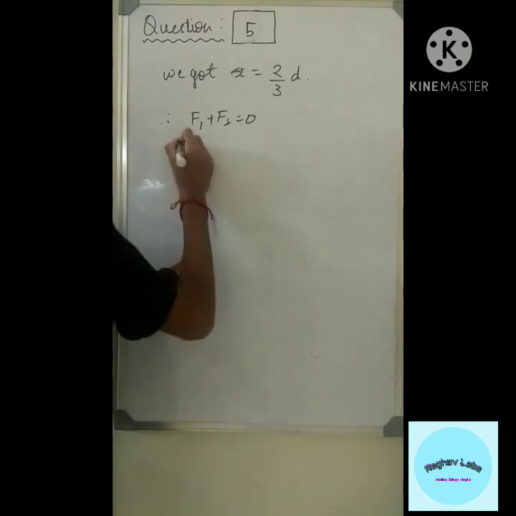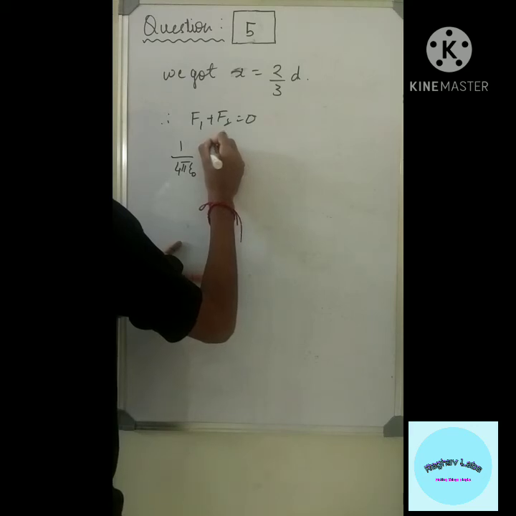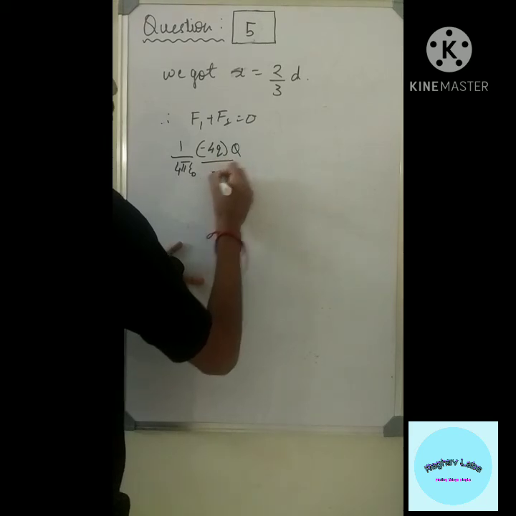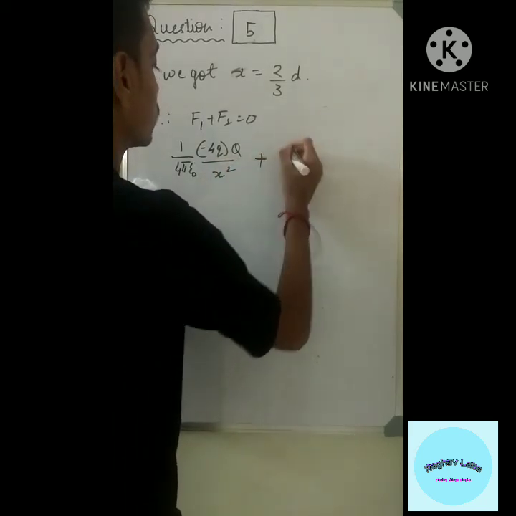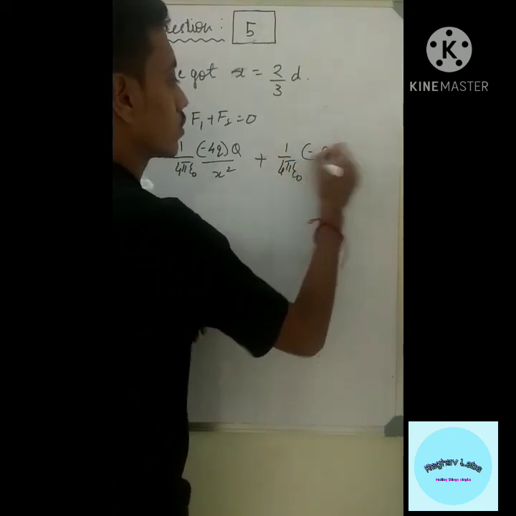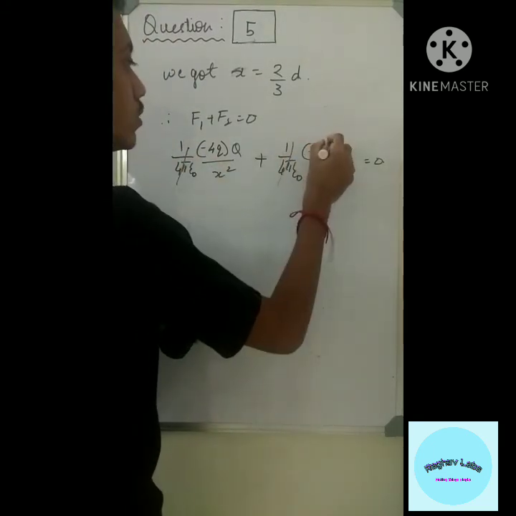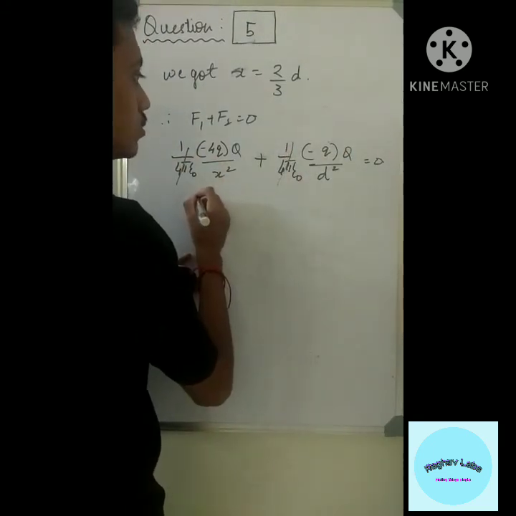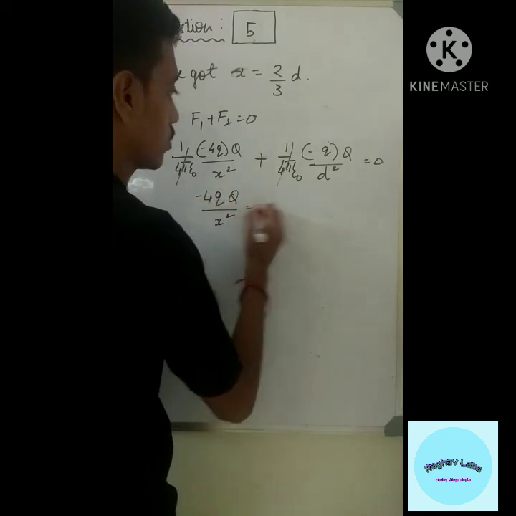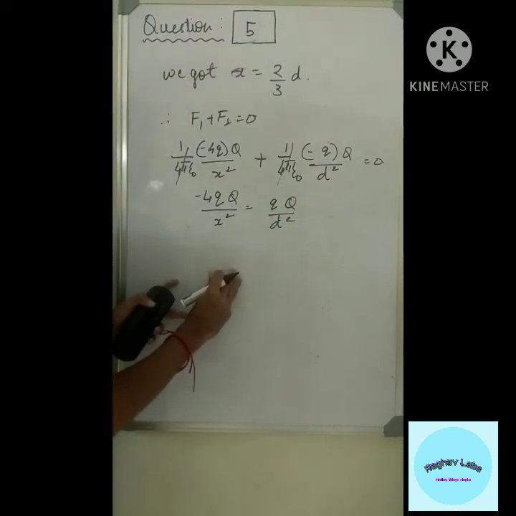So F1 plus F2 is equal to 0, equilibrium. 1 by 4 pi epsilon naught, minus 4q into q divided by x square, plus 1 by 4 pi epsilon naught, minus q into q divided by d square is equal to 0. I'm sorry, it should be minus 4q into minus q. I shall just erase it and change it again.